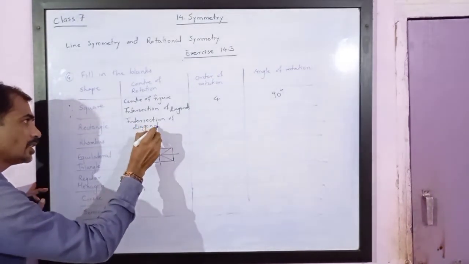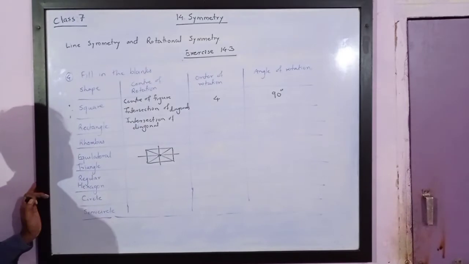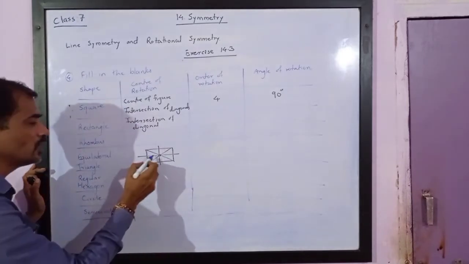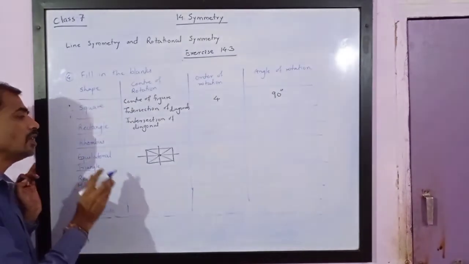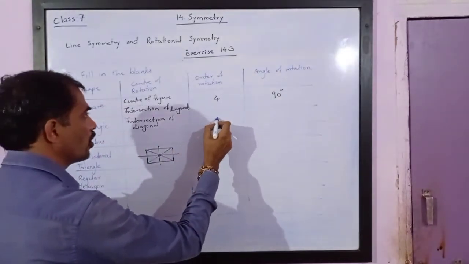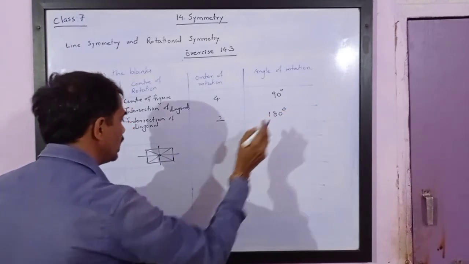We take the intersection point, the central point, as the center of rotation. Here you will notice, if it is rotated through 180 degrees, then and only then we get the same figure. So here the order of rotation is 2 and the angle of rotation is 180 degrees.